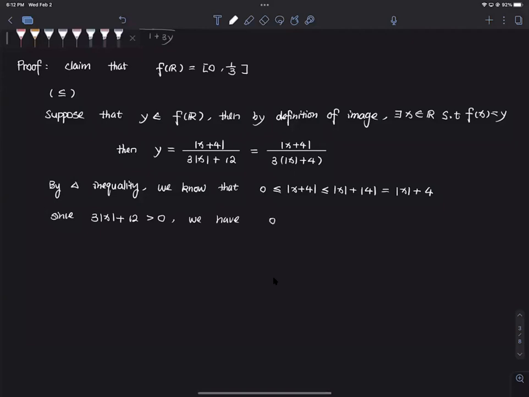So we have 0 is less than or equal to absolute value of x plus 4 over 3 times absolute value of x plus 4, less than or equal to absolute value of x plus 4 over 3 times absolute value of x plus 4. And this is exactly 1 over 3.